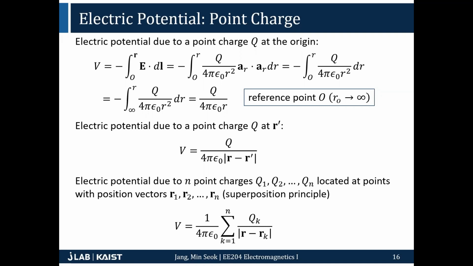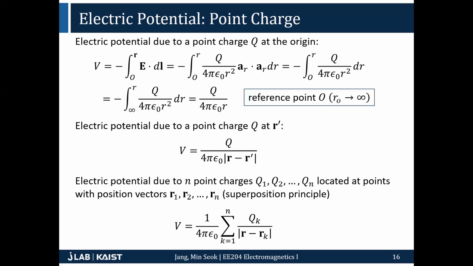Okay, is there any other question? So the electric potential itself is the integration of the electric field, right? And the electric field is about force, electric force. If you multiply Q by the electric field, you get force, a physical quantity.